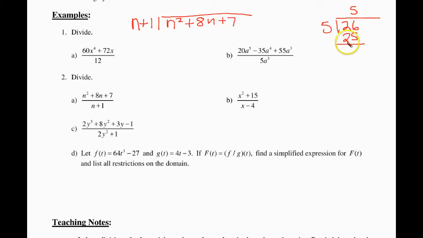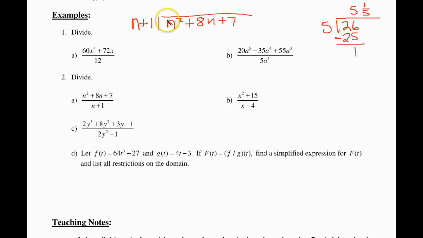Now, what do I do here? I subtract. And in algebra, to show subtraction, we change the sign and then we add. So we get a difference of 1. So this would be 5 goes into 26 5 times, and there's a remainder of 1/5. We take our remainder and put it over our divisor. Okay, so that's what we're going to do here.